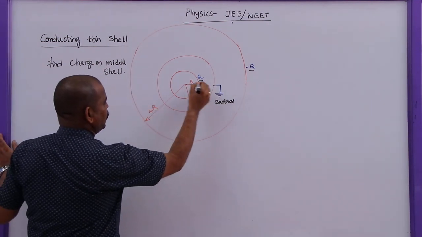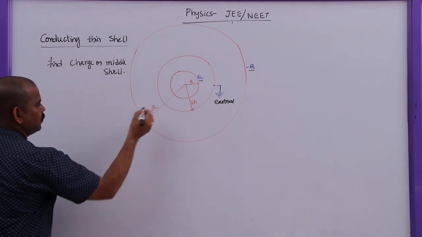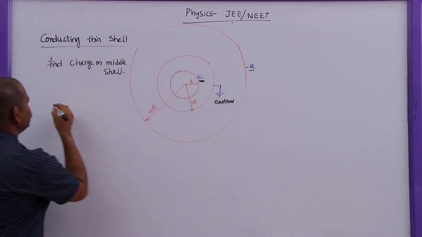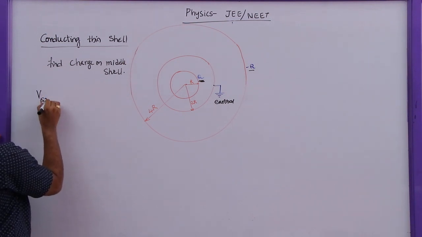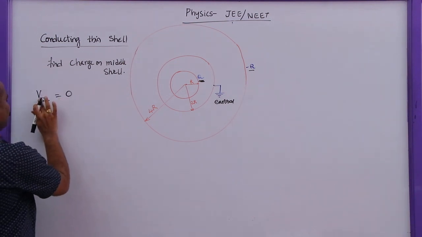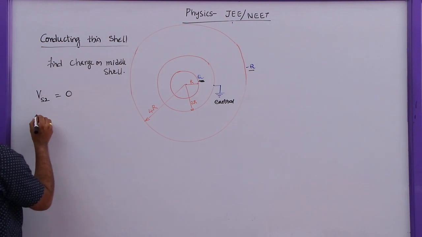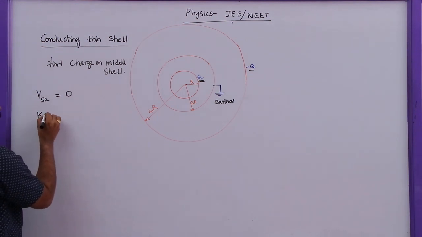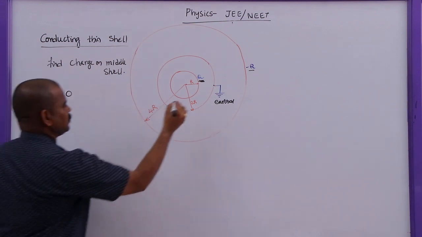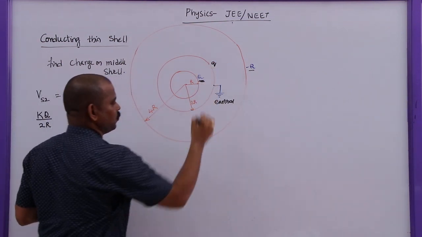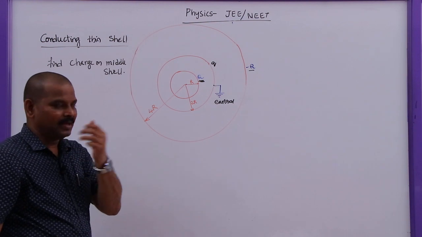Now we know the distance from this is 2r and the charge is Q here. So the potential on the second surface, that is the second shell, I will write Vs2 equals 0. So what is this Vs2? The potential on this surface is KQ by 2R. Let us say the charge on this one is small q, it may be 0 or may not be 0.